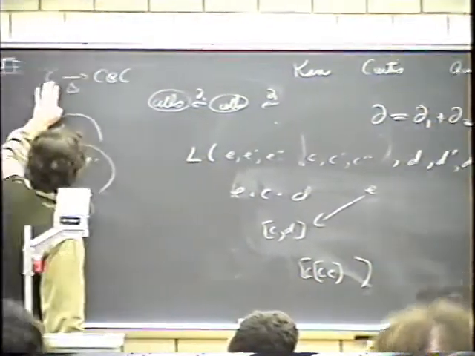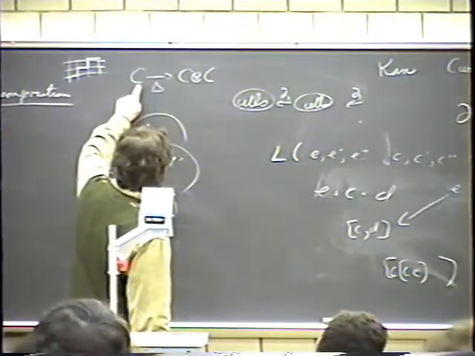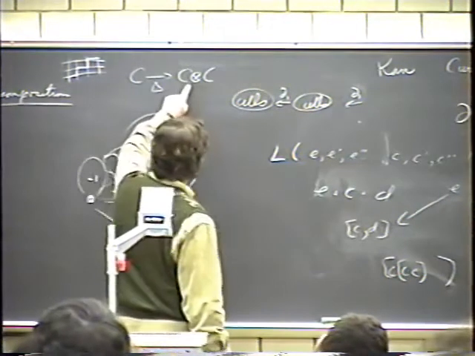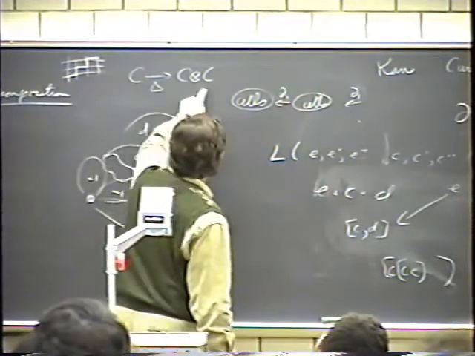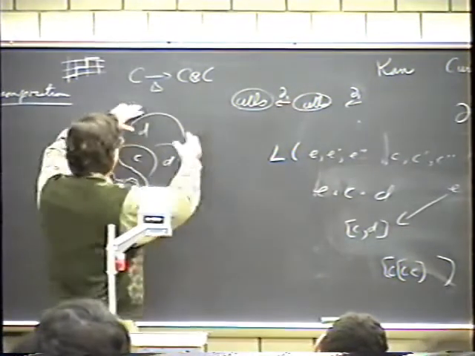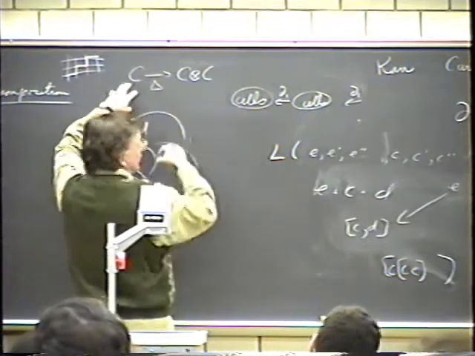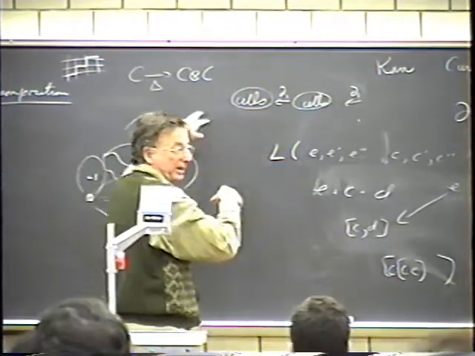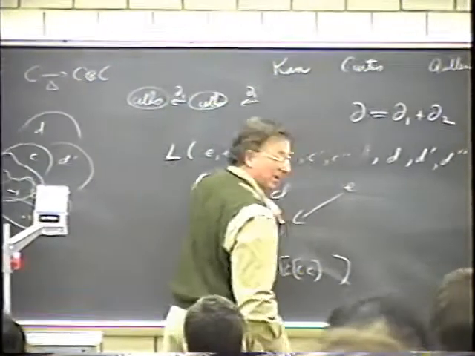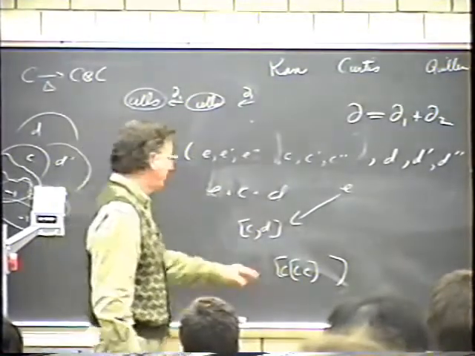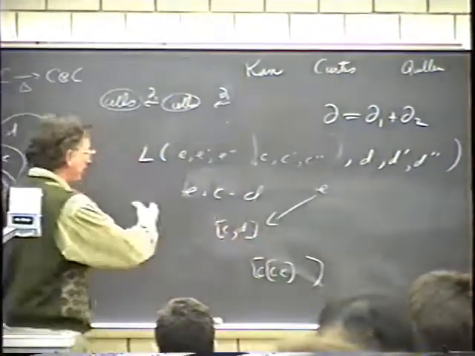With the grading that you're used to, something of degree n goes to i, j, where i plus j is n. But if you subtract 1 from each one, then what you have on this side is 1 less than what you have on this side. So it's okay for the boundary map to go down like that. So this will work with this shift.